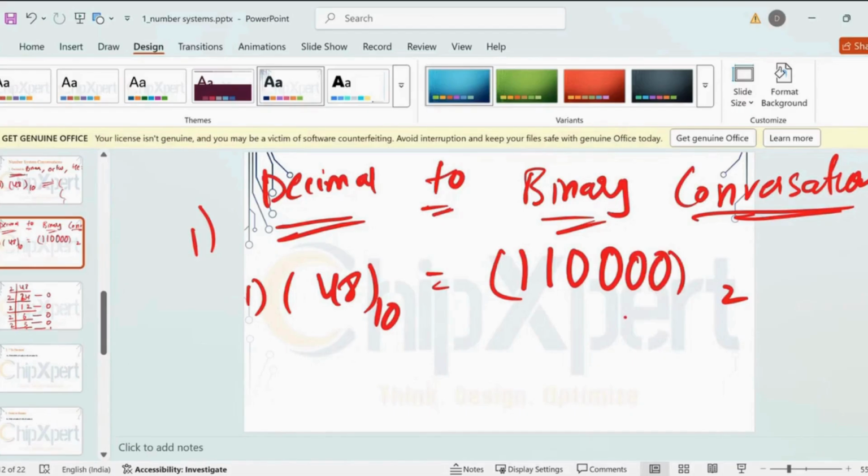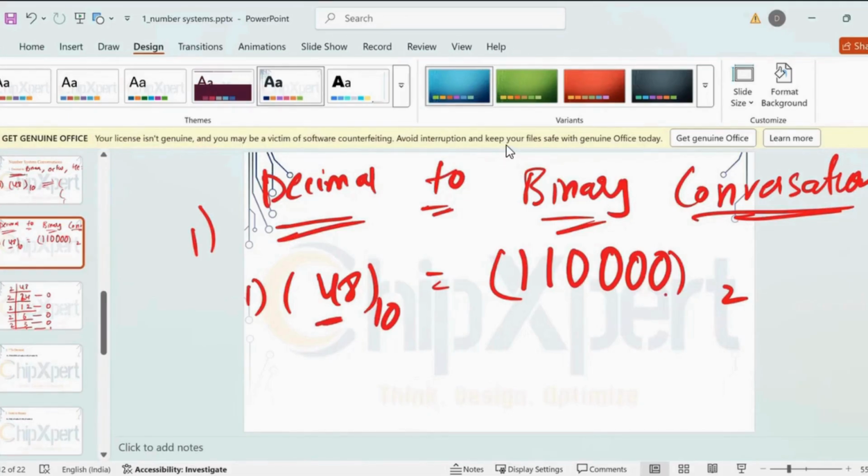I want to know whether what we have written is correct or not. How am I going to do that? Multiply with weights. If we get the exact number we started with, then the conversion is correct.